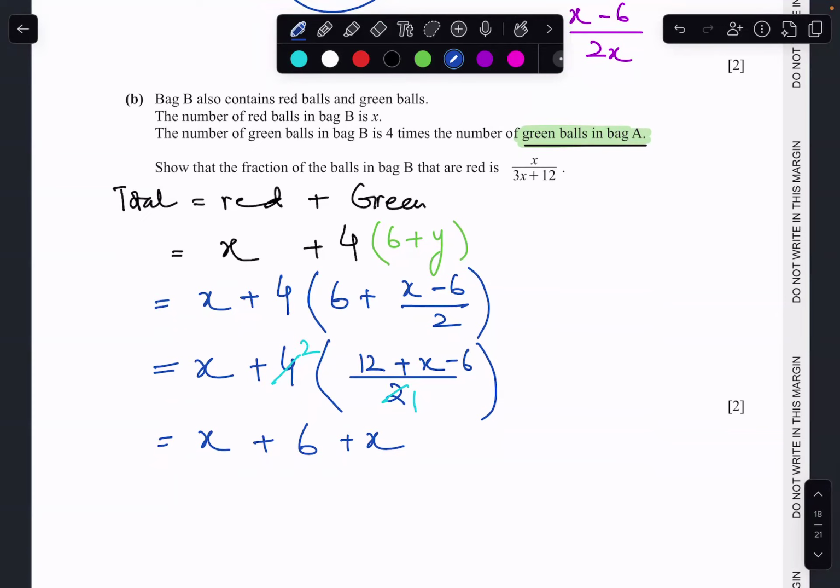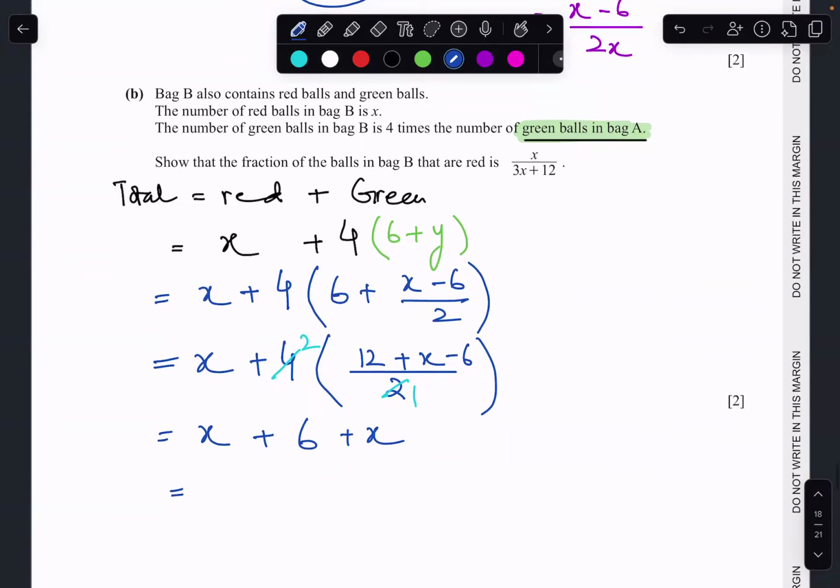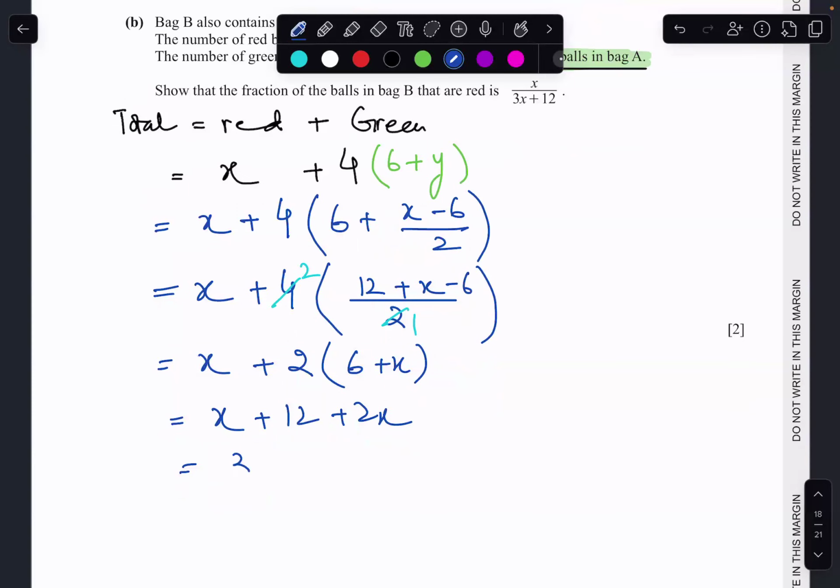Now this should be, okay, there was a 2, my bad. 2 times 6 plus X. So X plus 12 plus 2X. So this is 3X plus 12.